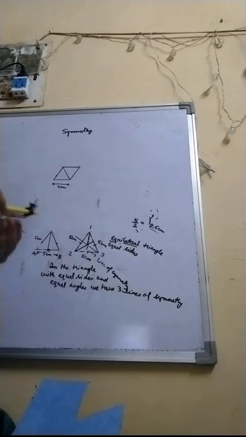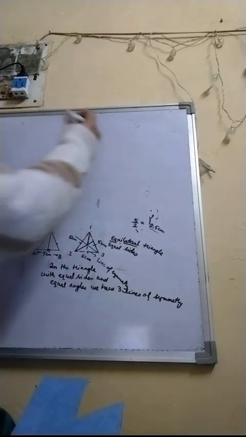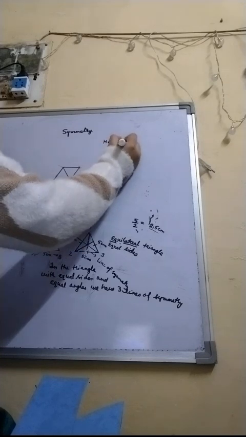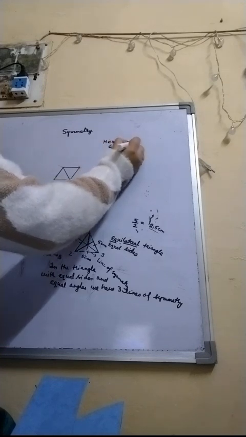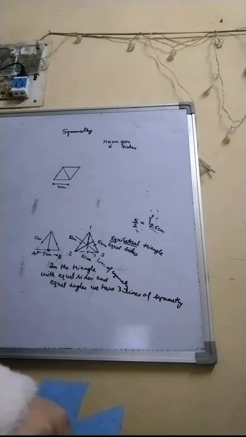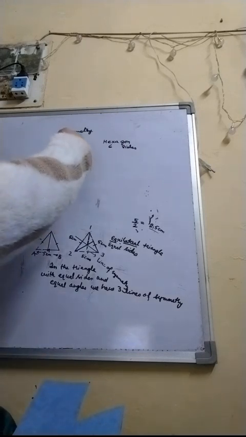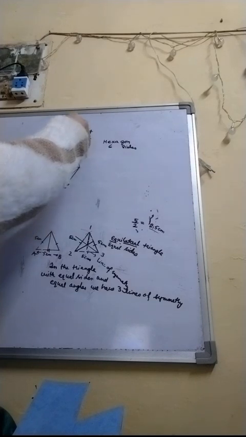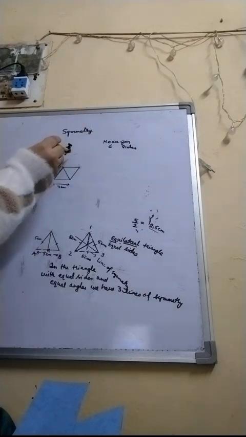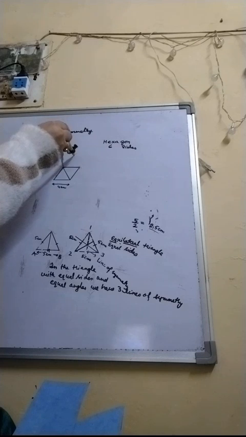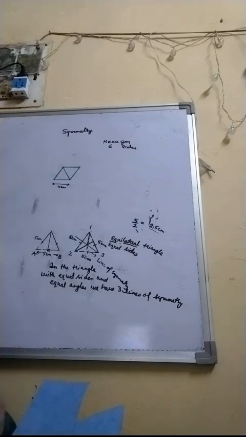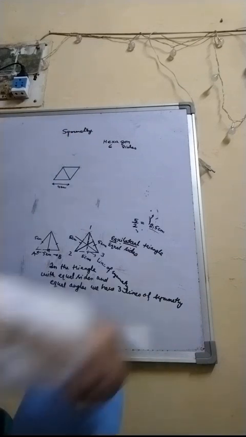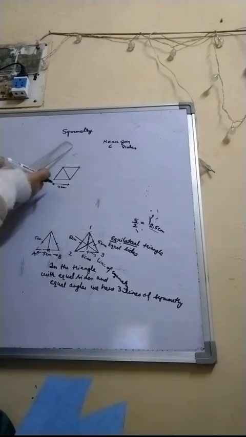Then again what you have to do, hexa means 6, gon means sides. So it is a 6 side figure. Like square you have a 4 side figure. Similarly for hexagon you have a 6 side figure. So you have to draw 6 sides total. So this is my third side.